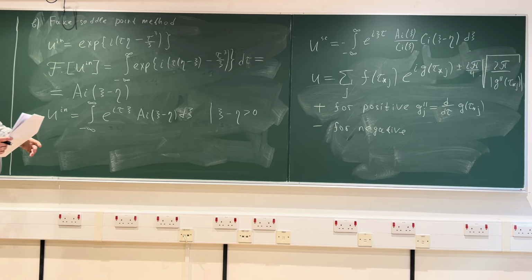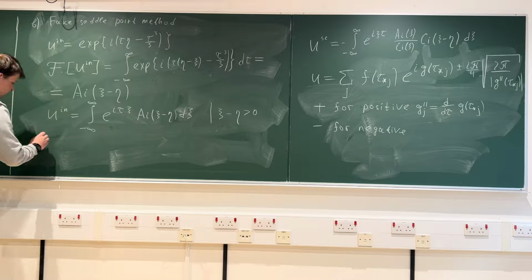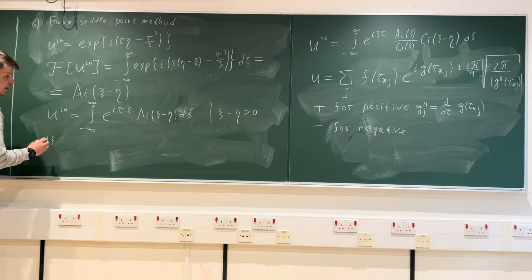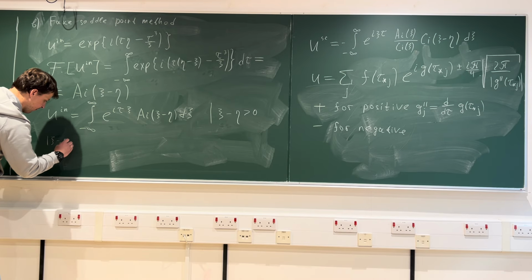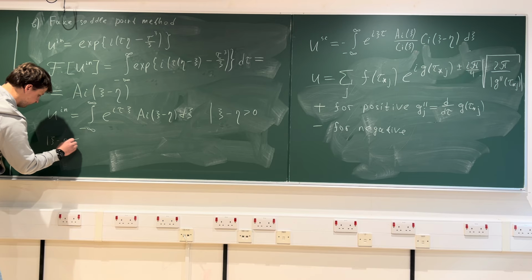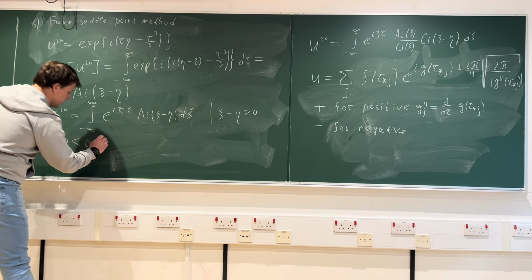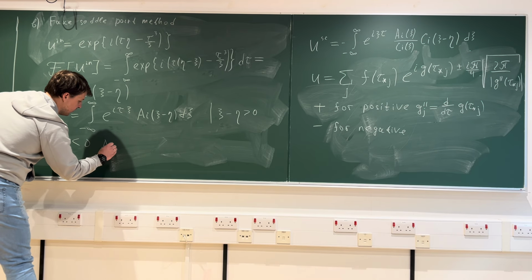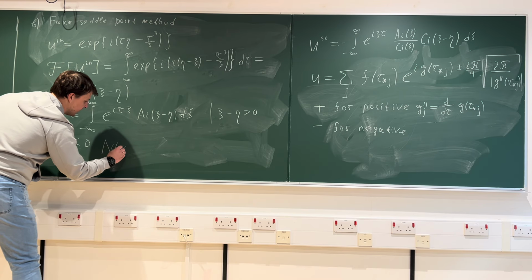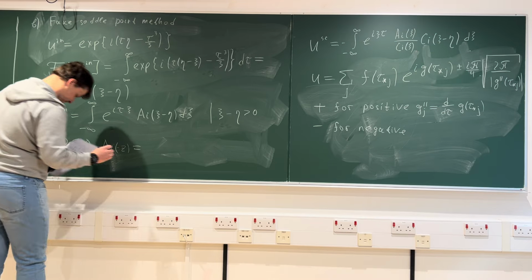And for psi minus theta less than 0, we will use the asymptotic I also introduced last time.